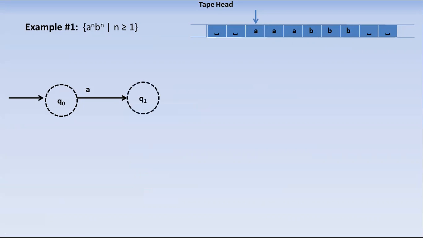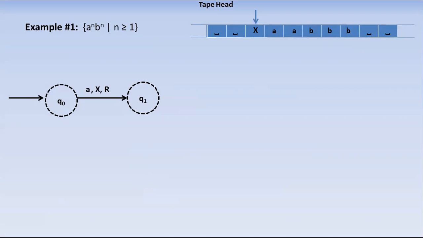So we read a symbol A. After reading, we replace it with X to make sure that we have processed it. Then putting a comma, we write the symbol with which we have replaced. And then let us write R, which means we have made a right move. As we have already discussed, in Turing machines it is important to say whether we have moved left or right.